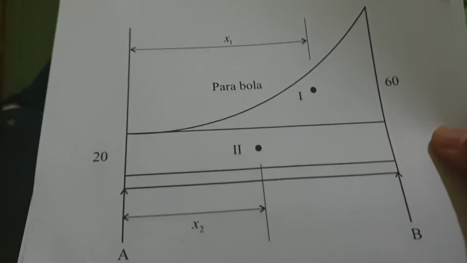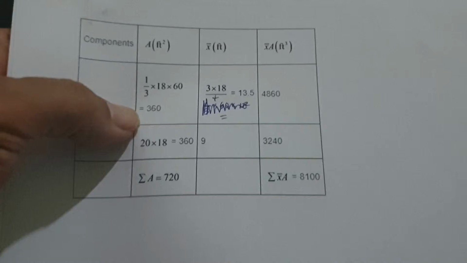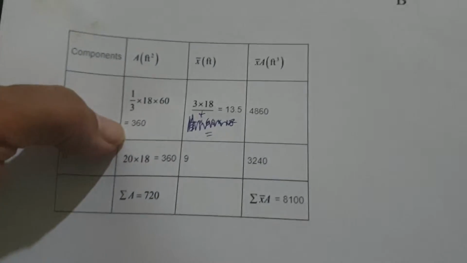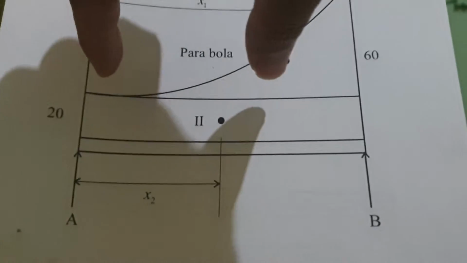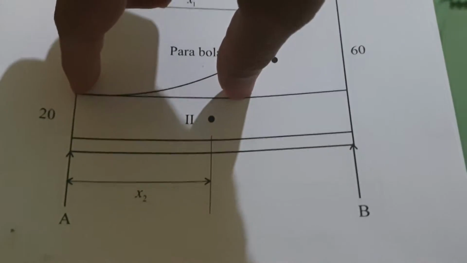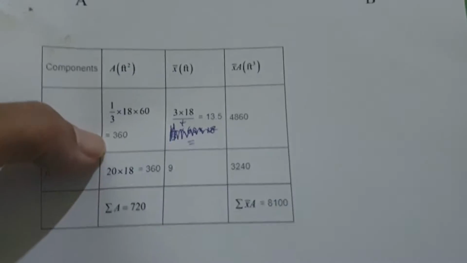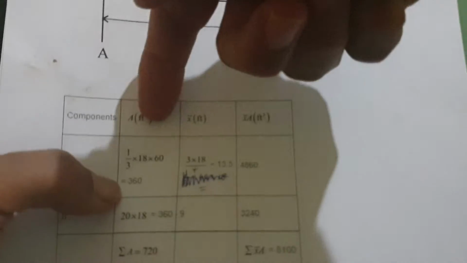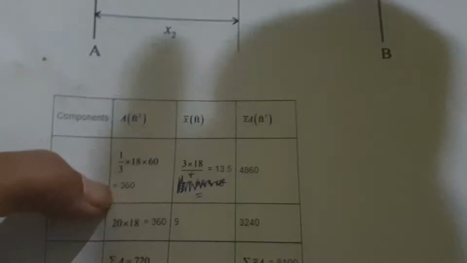So 1/3 times 18 times 60, that's the area of the parabola, and that's equal to 360. Remember the centroid? The centroid of the parabola from here is 3/4 of 18. 3/4 of 18 is 13.5. So we found the area of the parabola and we found the centroid in the x-axis.